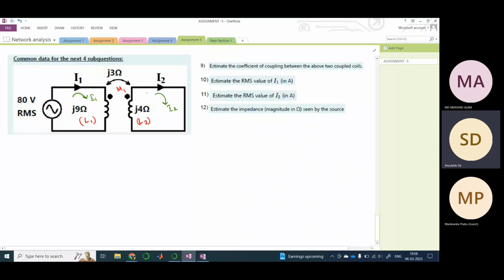Clearly, this current is entering through the negative terminal here. With the current convention, we can think of it like this, which is why I have written this plus and minus here. It helps you solve the problems quickly.